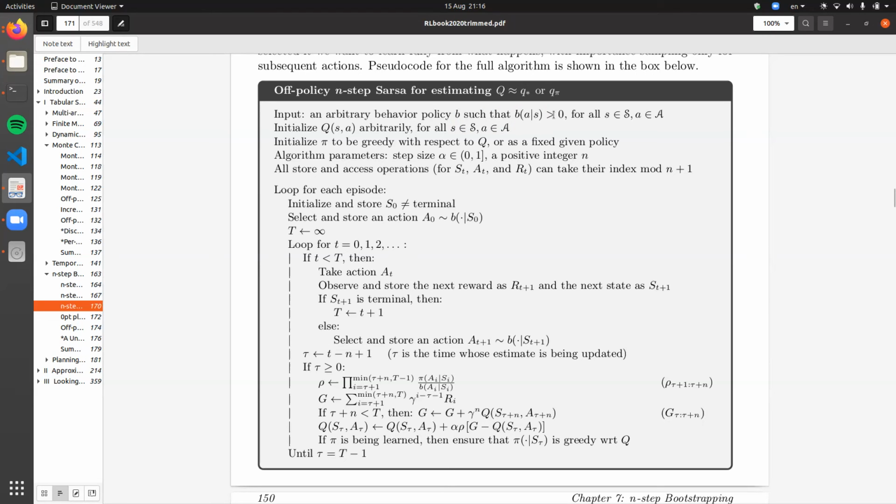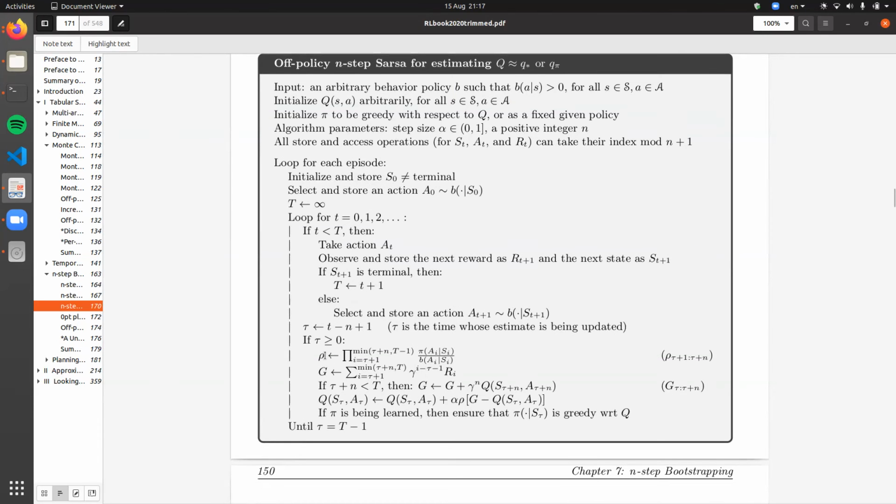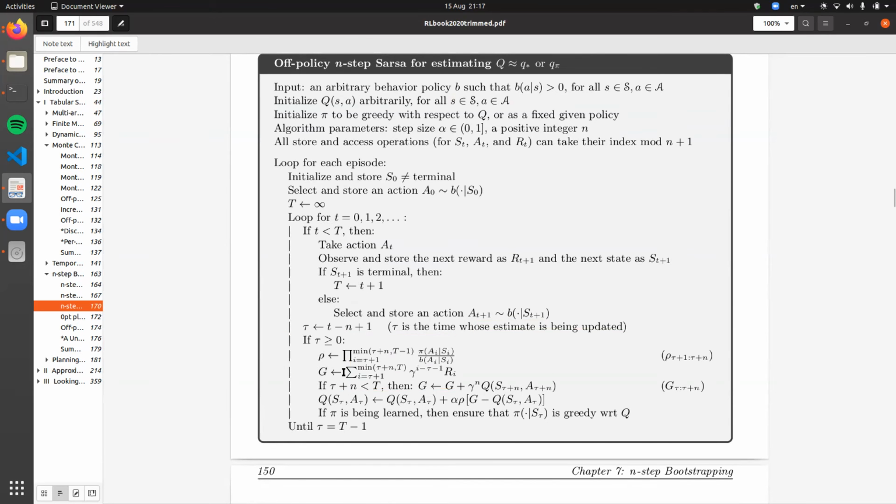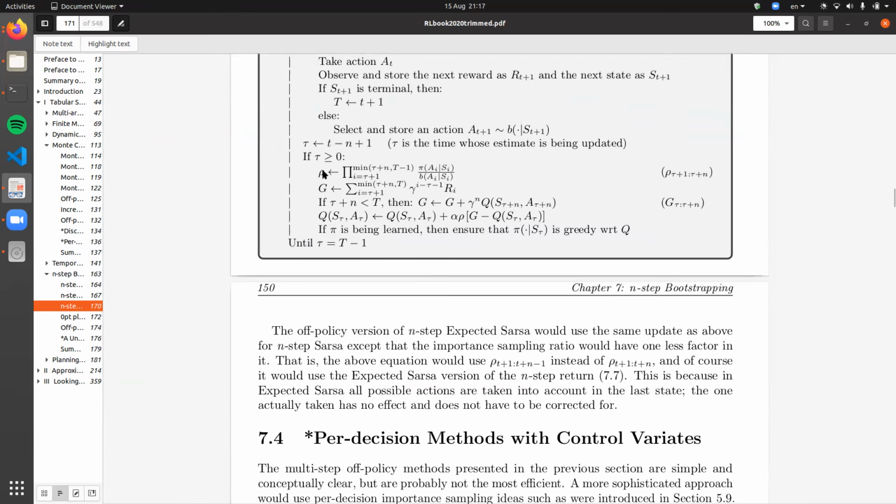And the behavioral policy should be such that the probability of all actions at all states is non-zero, right? That is needed to ensure that we explore all the possible states. And we will need to keep track of this value rho, which is our importance ratio.